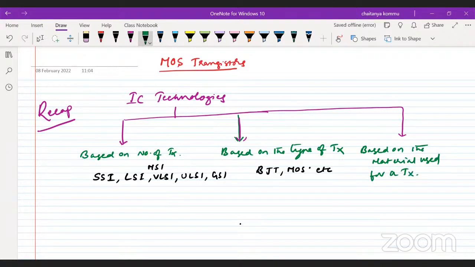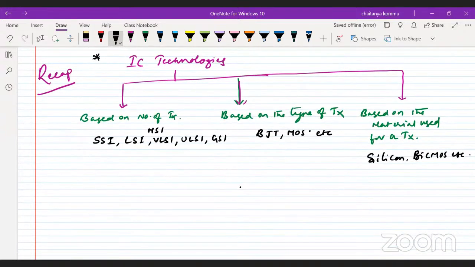So it can be a silicon IC technology, or BiCMOS IC technology, etc. Right? Agreed? This is what we have discussed in the last class.